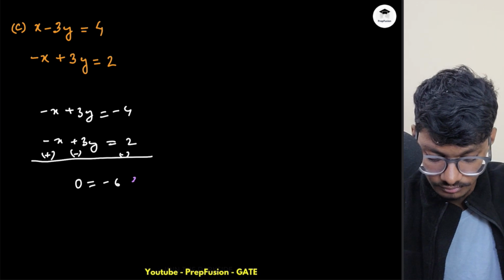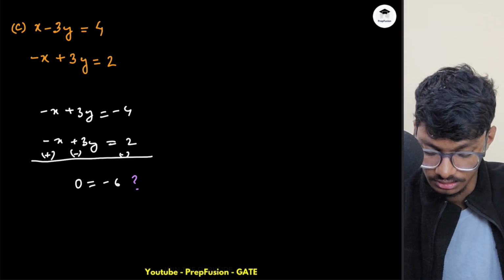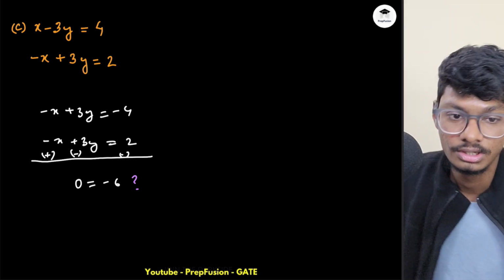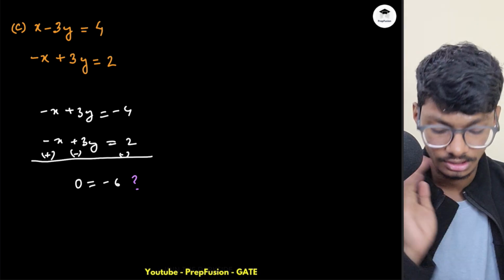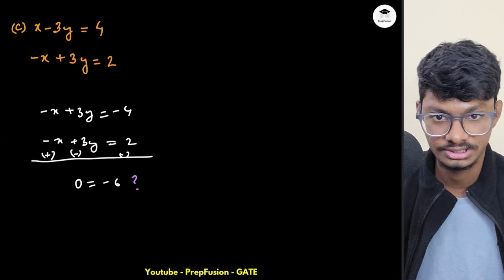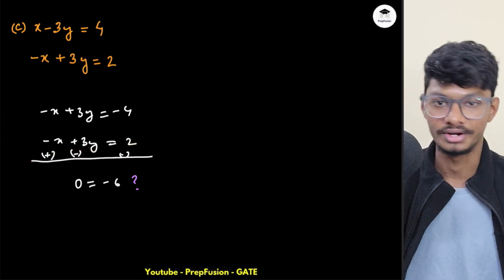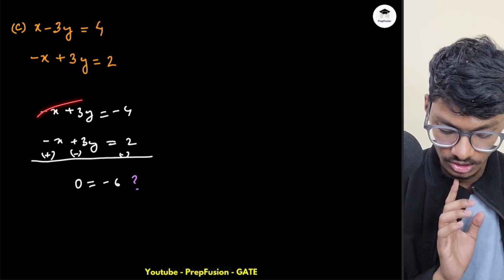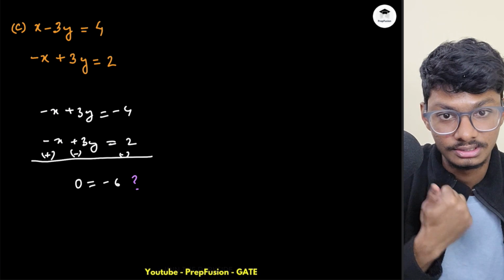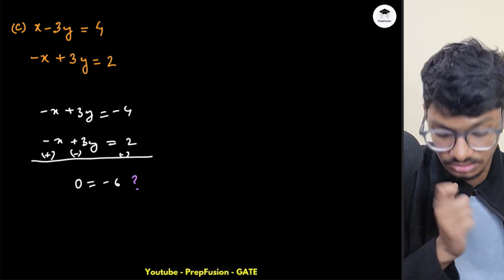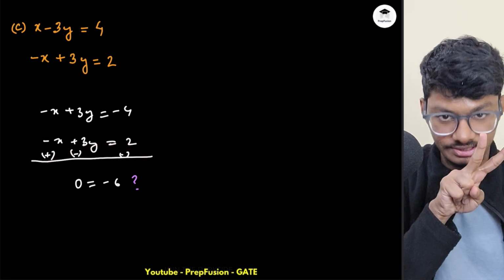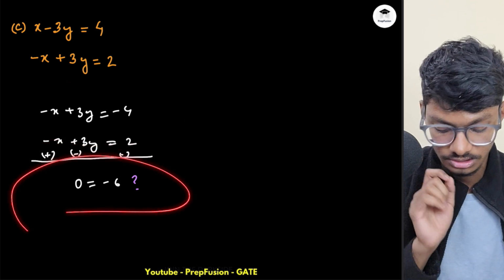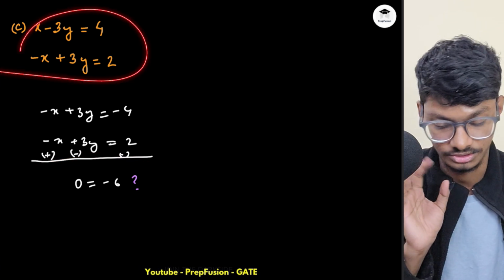Whenever you see these types of things, when 0 is equal to -6 or 0 is equal to 1, either you have made some mistake in your algebraic or arithmetic operations, or the solution doesn't exist. Two cases can happen.